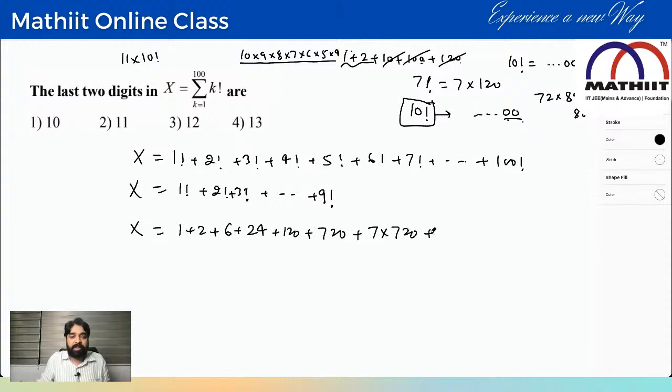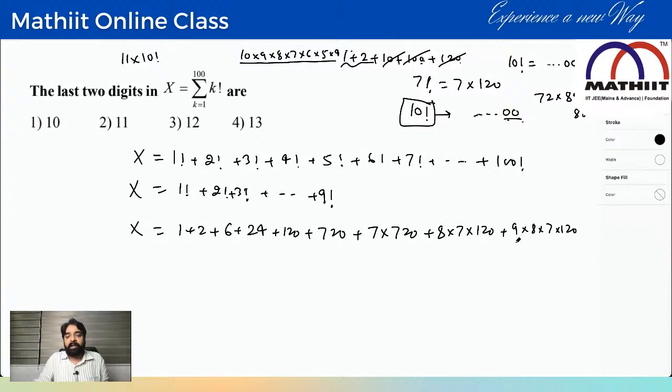I may have made a calculation mistake previously when I was solving. 8 factorial will be 8 into 7 into 120. And 9 factorial is 9 into 8 into 7 into 120. Full calculation, no need of doing.